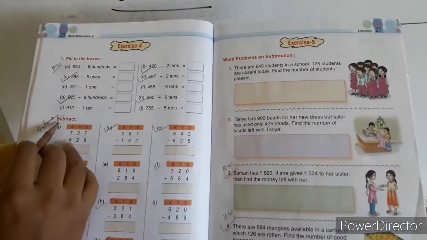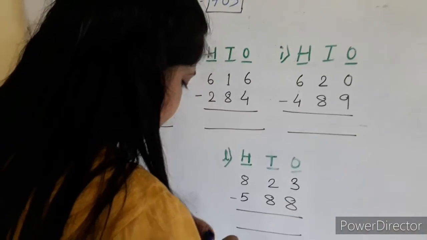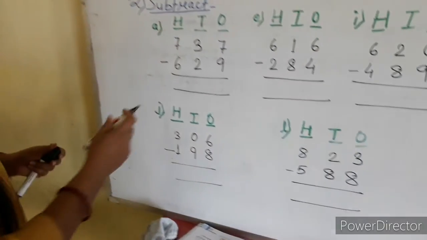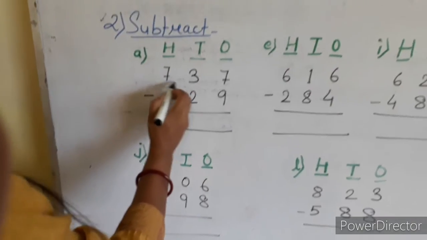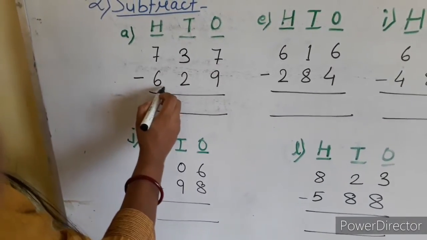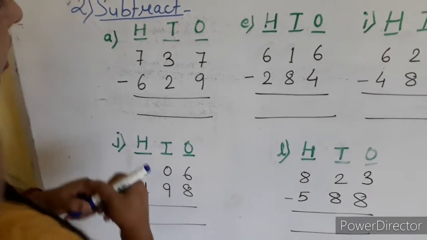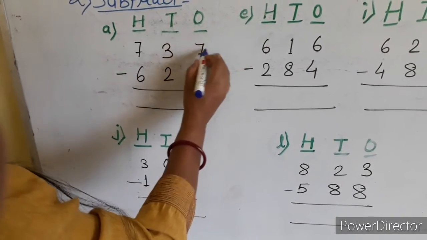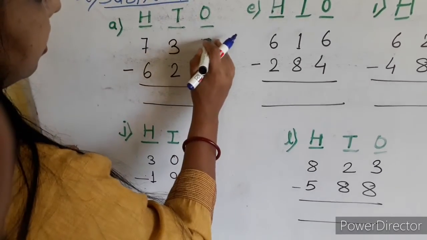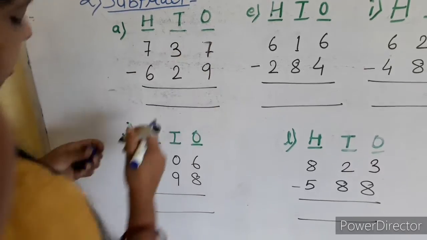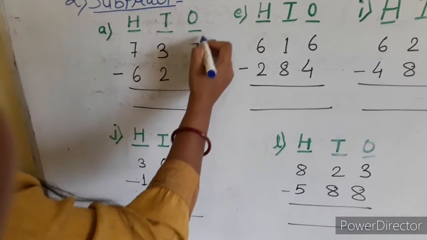Next I will show you question number 2, subtract. All of you know, I will just show you a few examples. Subtract. The first question, 737 minus 629. Again, in the upper portion the smaller number is here and the larger number is there. So we have to make it the bigger number.